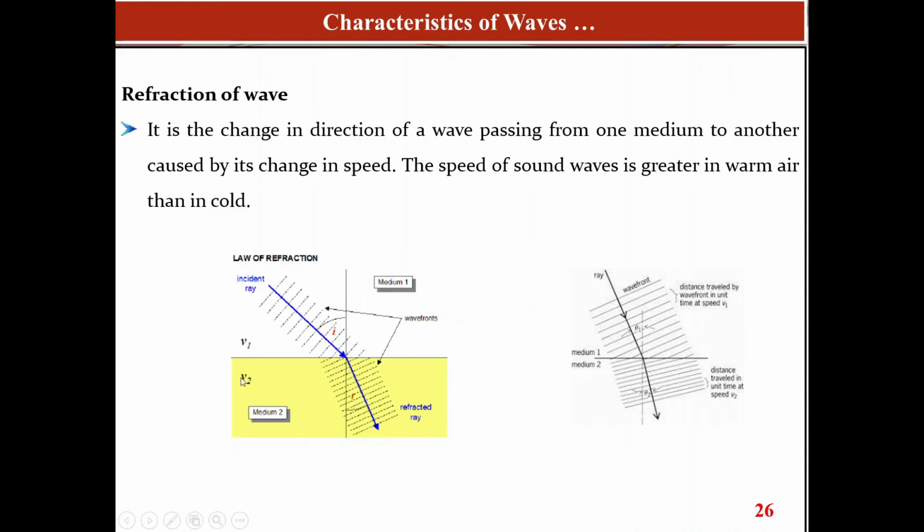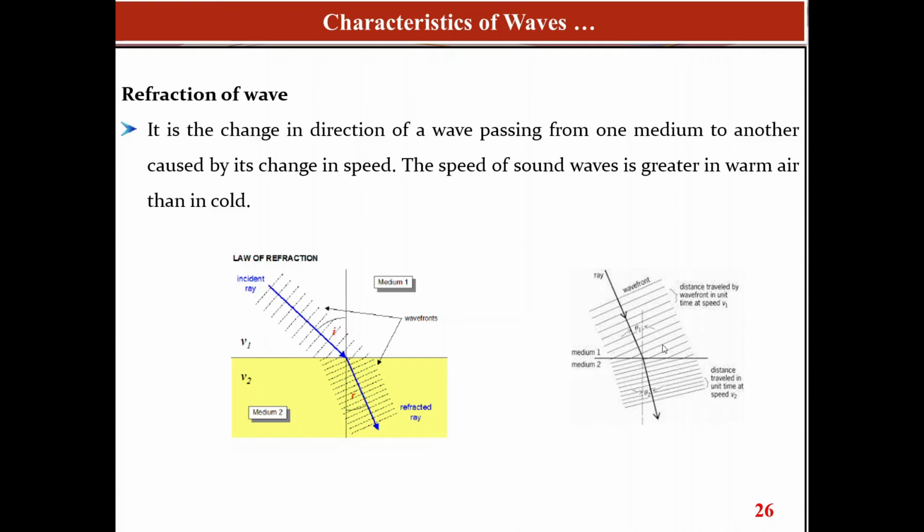As you can see here, the n value of the lower medium is greater than the n value of the upper medium. Due to this one, the wave is refracted towards the normal. So the speed of sound wave is greater in warm air than in cold.